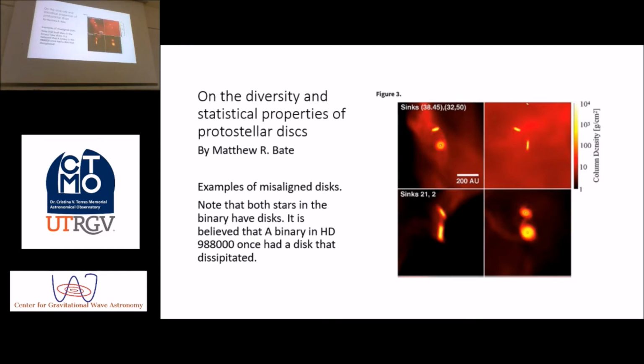This is an example from one of the papers that was referenced directly in the one I read. Again, note that both of the stars here have circumbinary disks around them. Originally, or at some point, it was believed that binary A had a circumbinary disk, but since then the disk has dissipated.